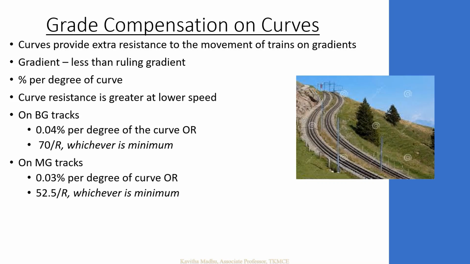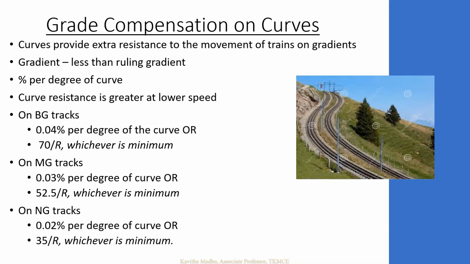For meter gauge track, it should be 0.03 percent, and in terms of radius it is 52.5 by R. For narrow gauge it is 0.02 percent per degree of curve, or in terms of radius it is 35 by R. Whichever is minimum we have to take.